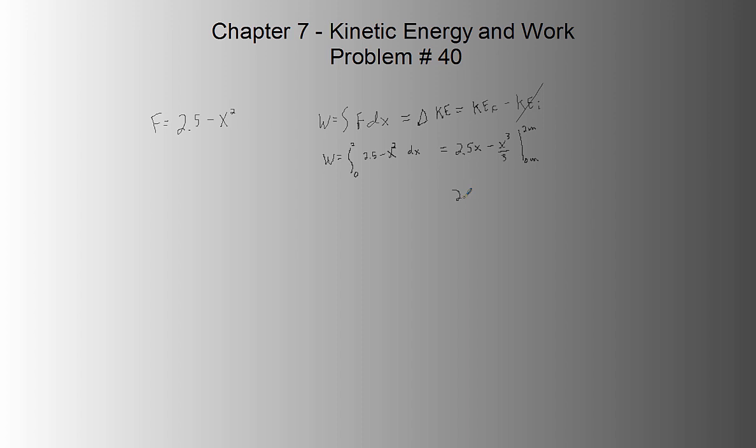So this is 2.5 times 2 minus 2 cubed over 3. And that's evaluated at 2. Now we evaluate it at 0. So minus 2.5 times 0, minus 0 cubed over 3.